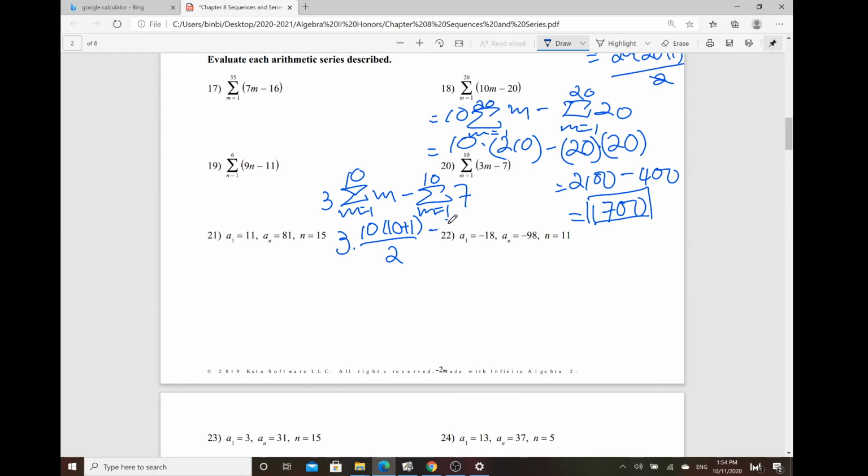So 7 times 10 is 70. Reduce 2 and 10, so this one is 5. 3 times 5 is 15. 15 times 11, minus 70. 15 times 11 is 165, because 15 times 10 is 150, plus 15 is 165, minus 70. So eventually this would be 95. That would be the sum of this sigma notation for number 20. Again, check the work for number 20.